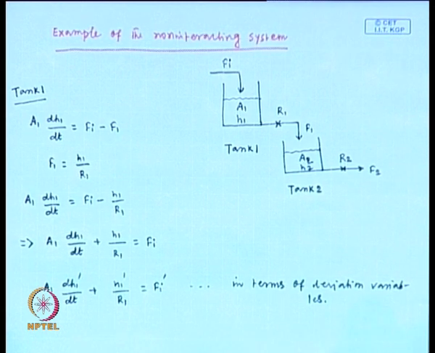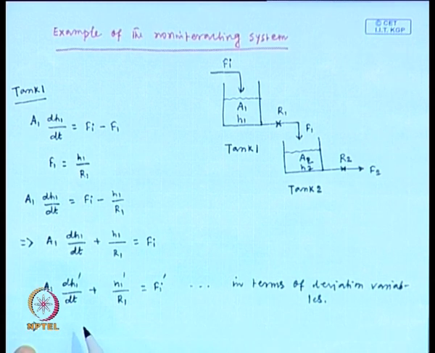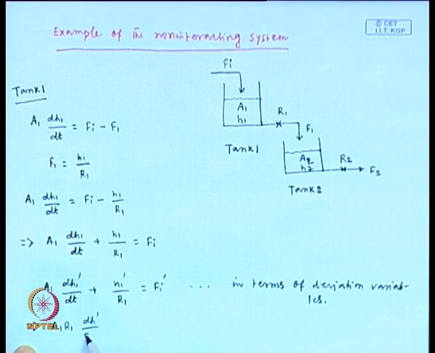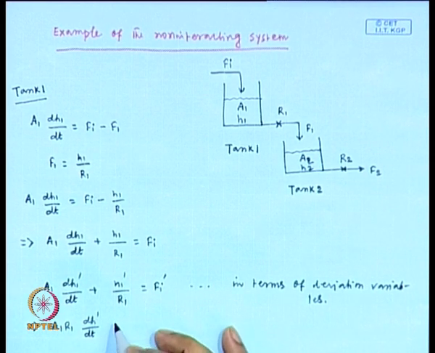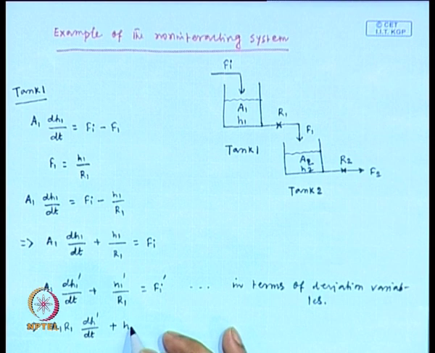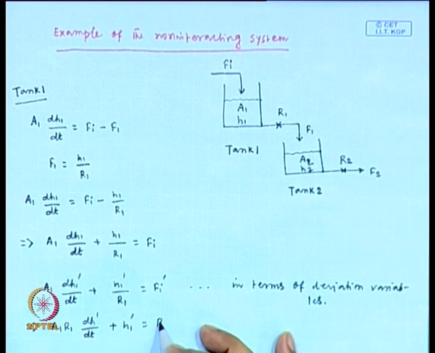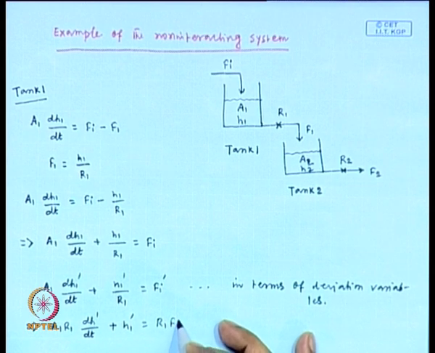Fine. Now, if we multiply both sides by r1, then we get a1 r1 dh1 prime dt plus h1 prime equals r1 fi prime. This equation we get by multiplying both sides with r1.